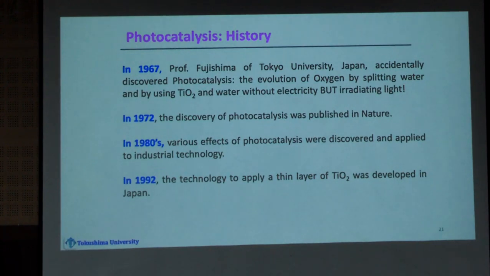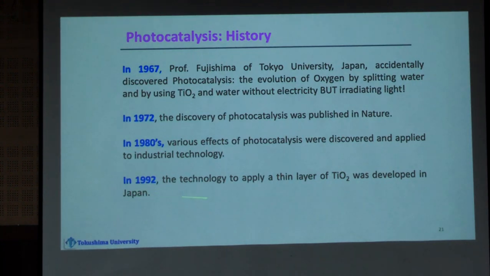And 1967, that is almost 60 years before, he was doing this research. The first major paper came in 1972 in Nature. And in the 1980s, researchers started to think of using titanium oxide for various purposes, for solar cells, for photocatalysis, but very few researchers were working.